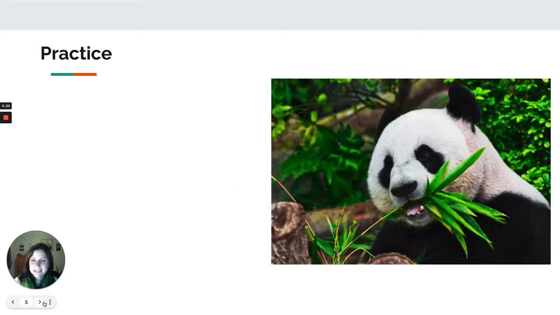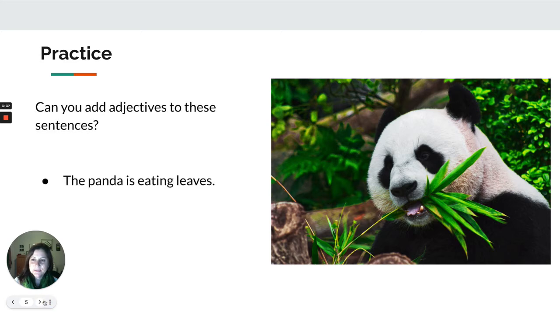Let's practice. Can you add adjectives to this sentence? The panda is eating leaves. So this is a basic sentence, but maybe we want to be more descriptive so the reader can see the picture. So what kind of panda is it?